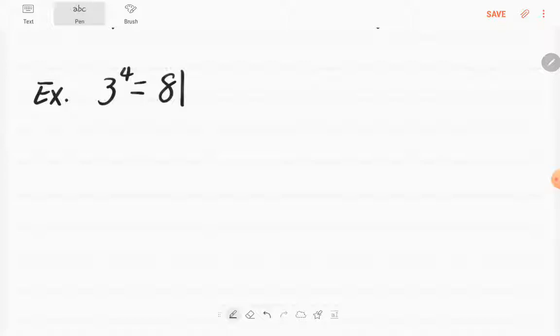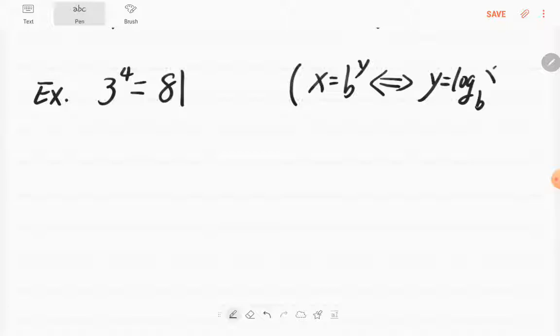We know that x equals b to the y is equivalent to y equals log to the base b of x, right? So here y is 4, x is 81. That means 4 is equal to the log to the base 3 of 81. This is the logarithmic form.